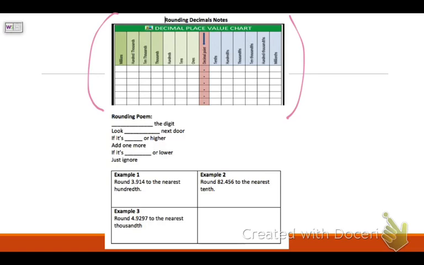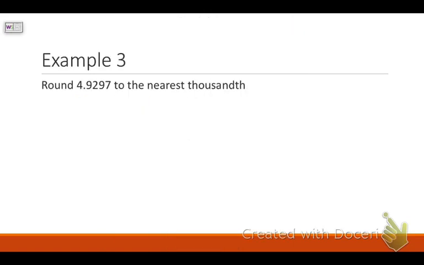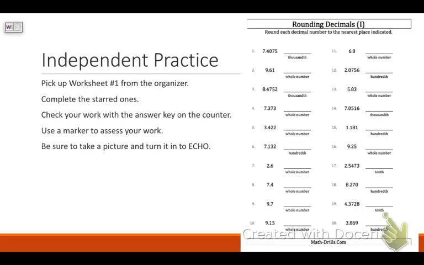The assignment is in the brown container again. And you are going to, you know what, I'm going to go right to the end of this, and I'm going to tell you which ones I want you to do. I've already done the white practice. I need you to go and get this out of the organizer over by the window, and you are going to do the first or the last 10, 11 through 20.